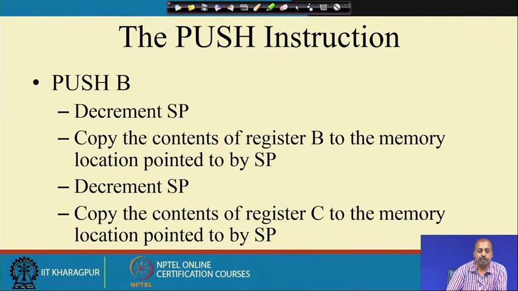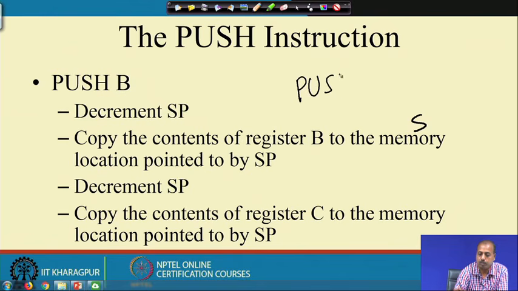We cannot have an instruction like push C, because C is not a register pair. B is a register pair consisting of the registers B and C. So, we cannot have an instruction like push C, or say push E, or say push L. These are not there.